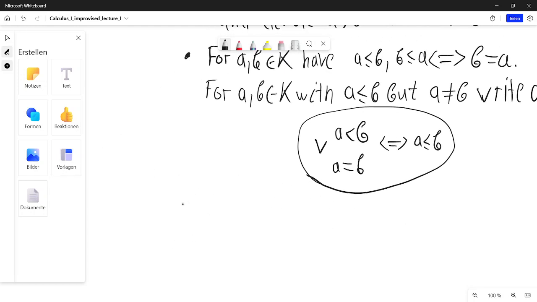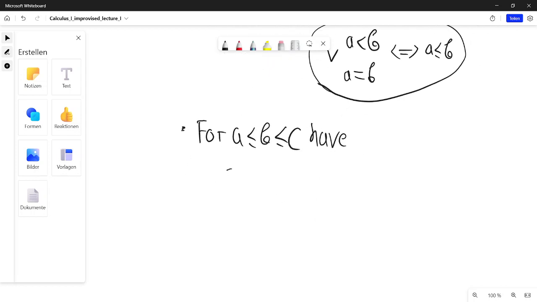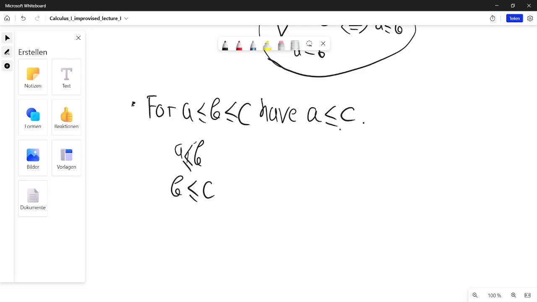And another thing: for all A, B, C, and K, where the implication means, of course, for all quantifier A, B, C, when we have that, and simultaneously we have that A is smaller than C. It's called transitivity of that relation.